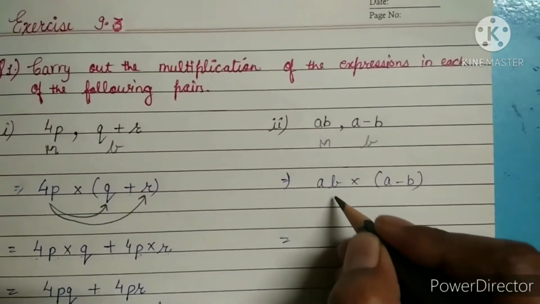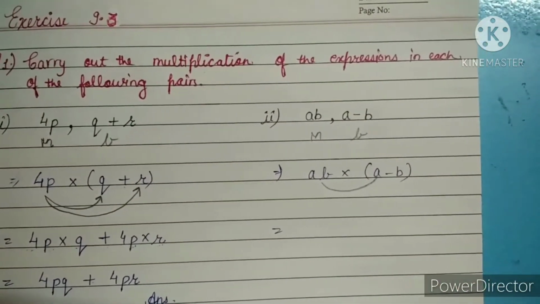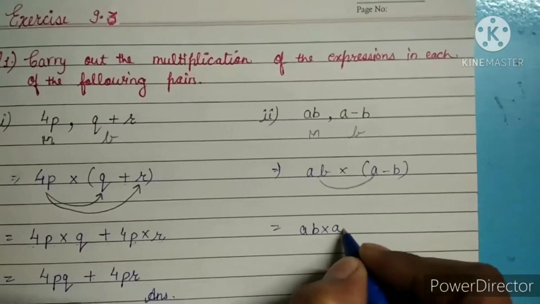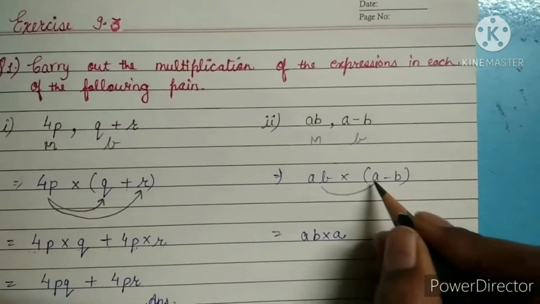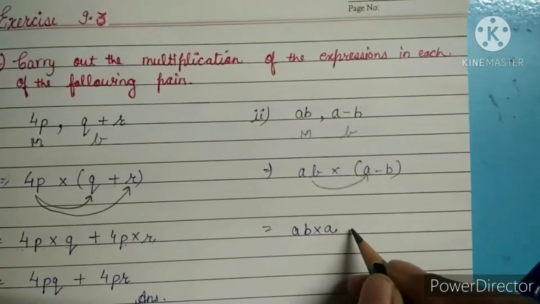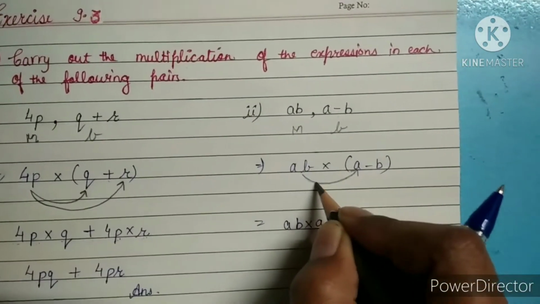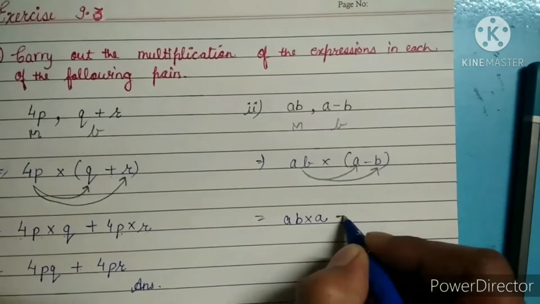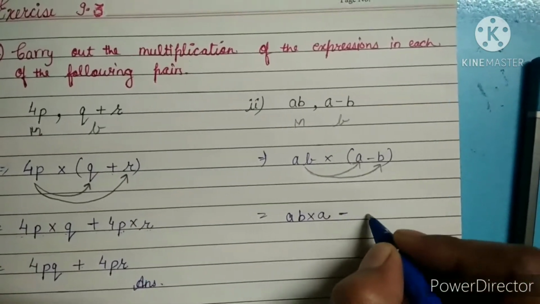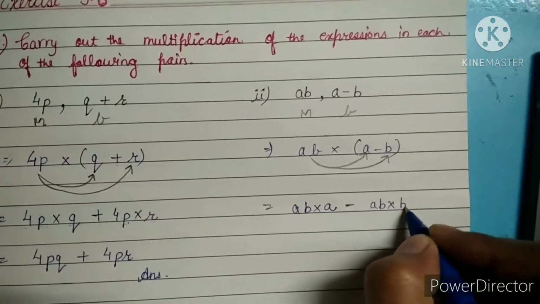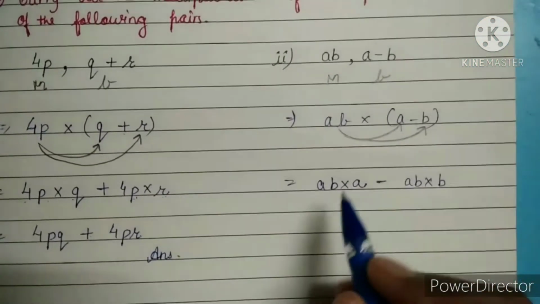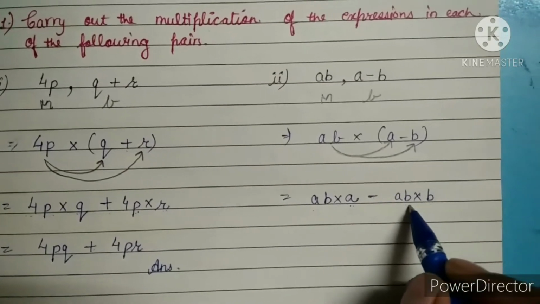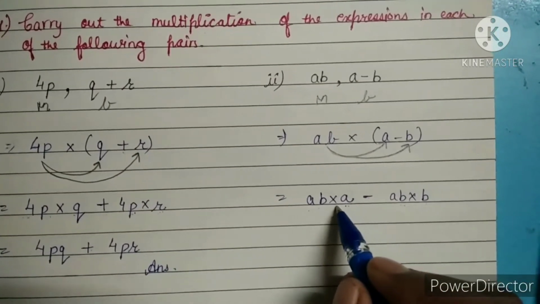Firstly, ab will go near to a. So ab multiply by a. What is the symbol inside the bracket? Minus. So minus will come here. Now at the end ab will go near to b. Minus symbol of the bracket, binomial term, ab into b. You can see in the first one we have a a, in the second one we have b b. And the symbol between them is multiplication.